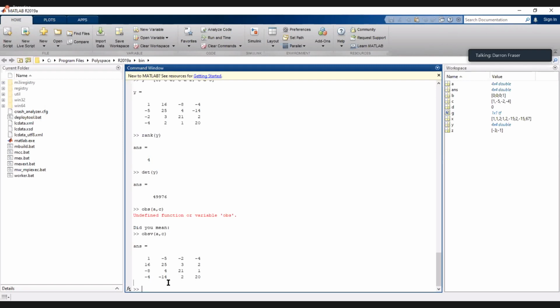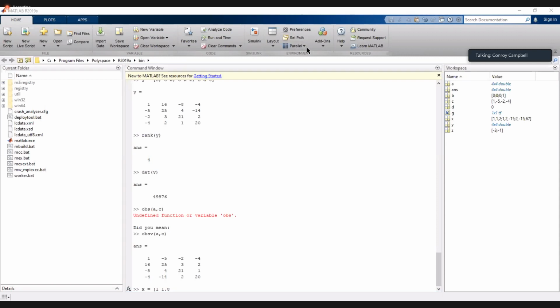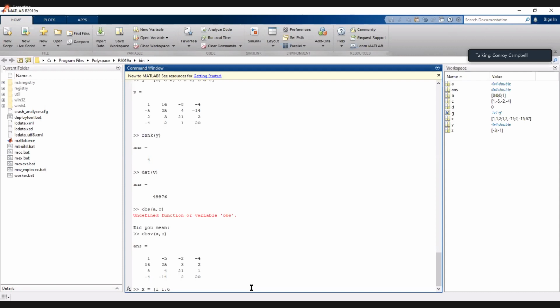We're going to type in x is equal to, square bracket, we put this in as a vector, 1, 1.6, 1.82.